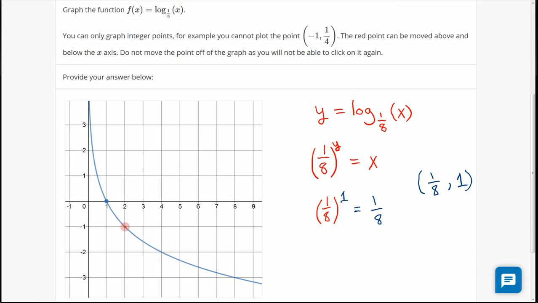Well, 1 didn't work, so why don't we try 2? So we have 1/8, and now we raise that to the second power, but that's going to be 1/64. So that's another point, but as you can see, I'm kind of going the wrong way.